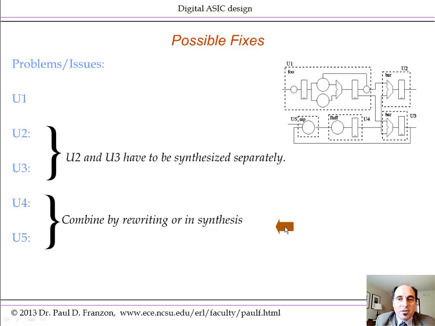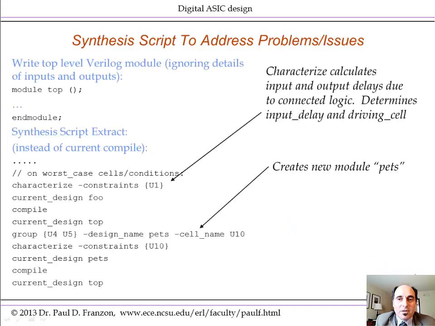So this is how we do this. After we've specified all our constraints and set the max area to 0, instead of just running compile, we're going to hand manage the compile process for this particular example. Here I'm introducing you to the characterize-constraints command.